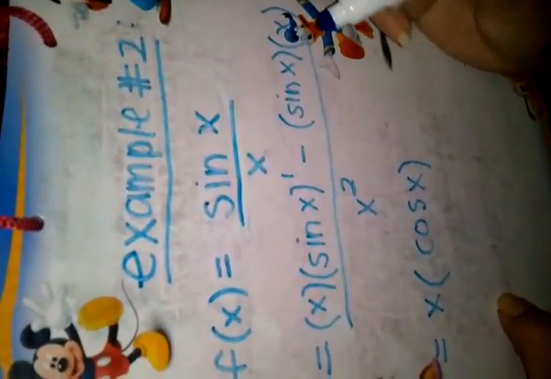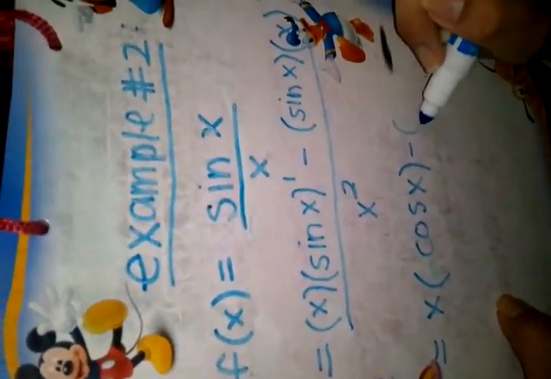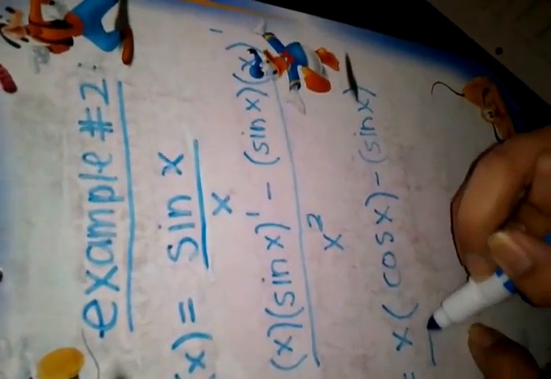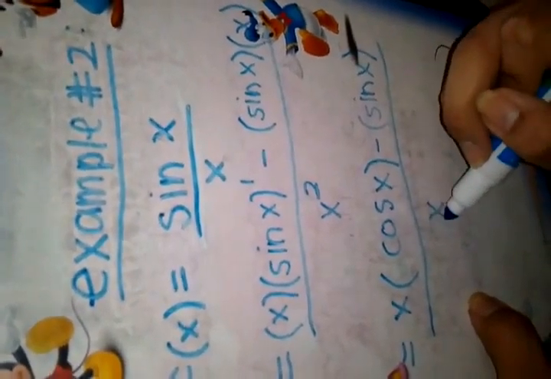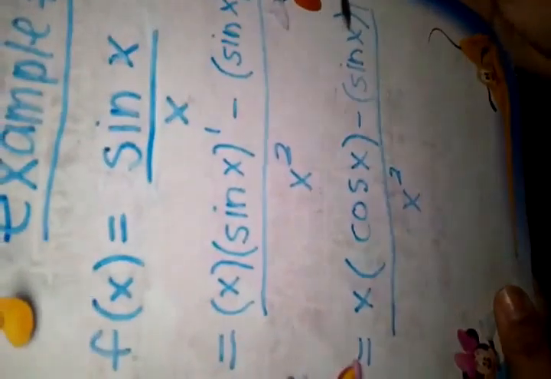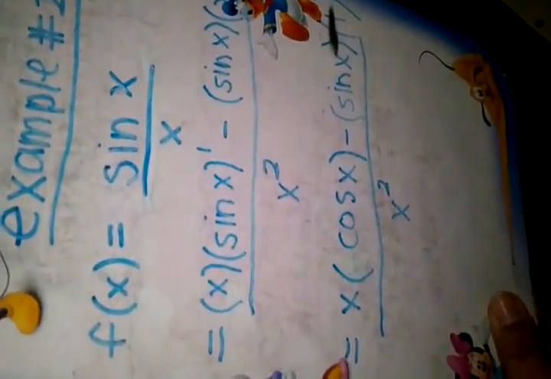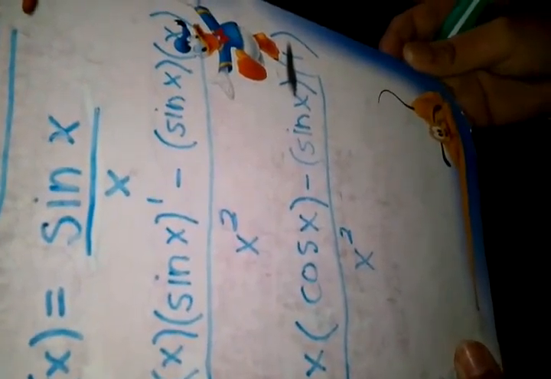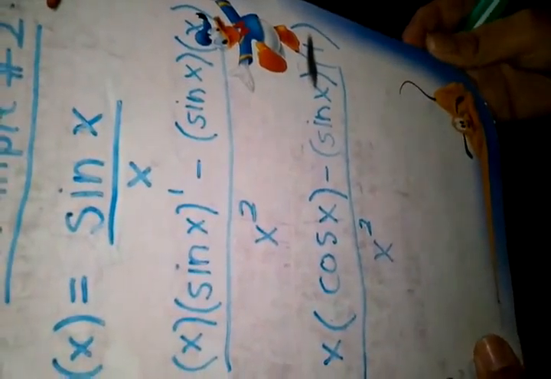Right there she's just taking the derivative of sine of x, and she took the derivative of x. So it's x times cosine of x, which is the derivative of sine of x, minus sine of x times 1, which is the simple derivative of x, over x squared.